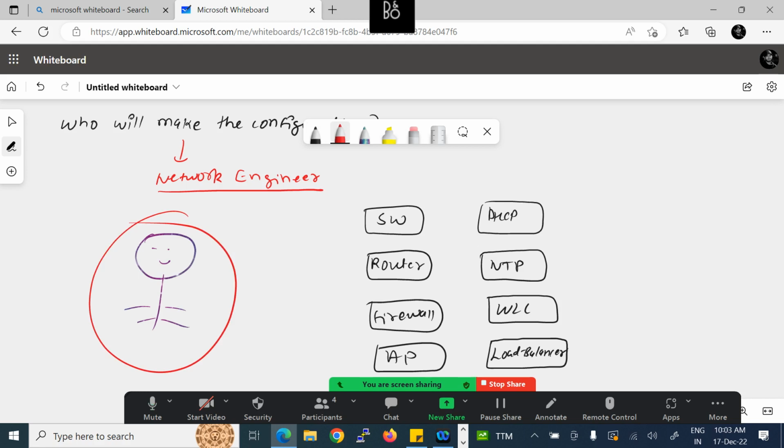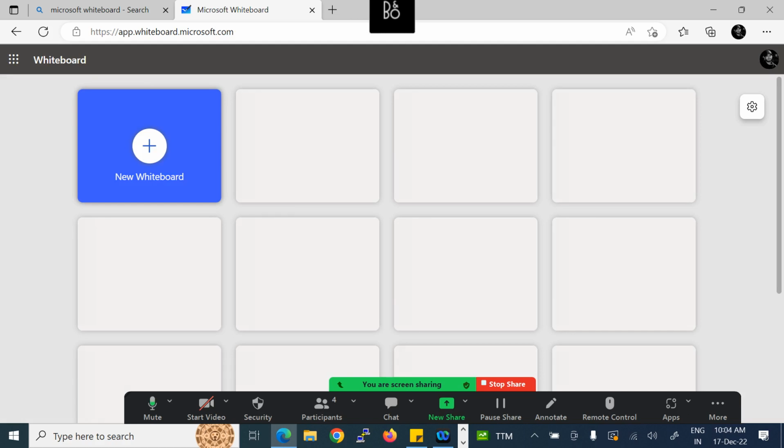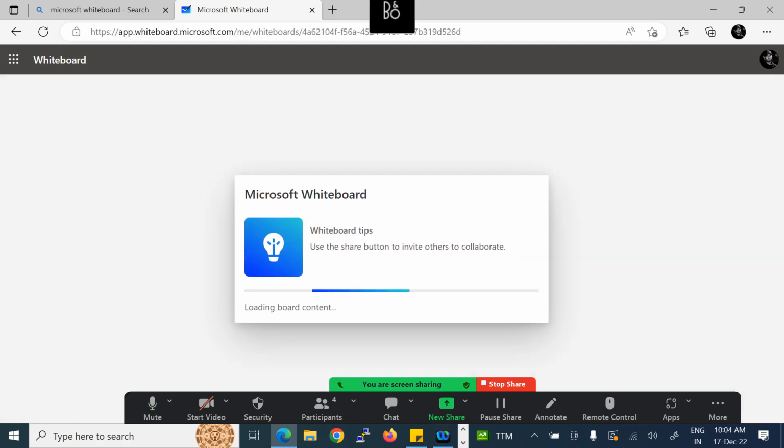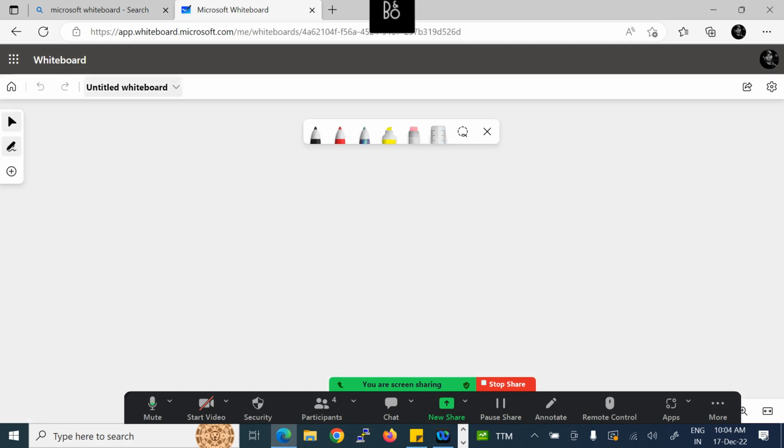And right now I haven't introduced you to the configuration which is required to manage the network. Like if I talk about a syslog server, right? If I talk about an SNMP server, you have to deploy an SNMP server. You have to deploy an NTP server.